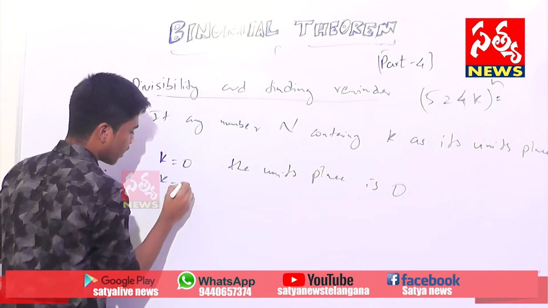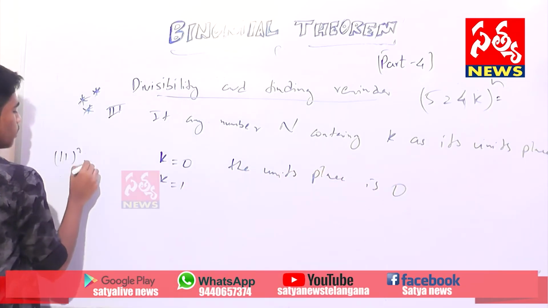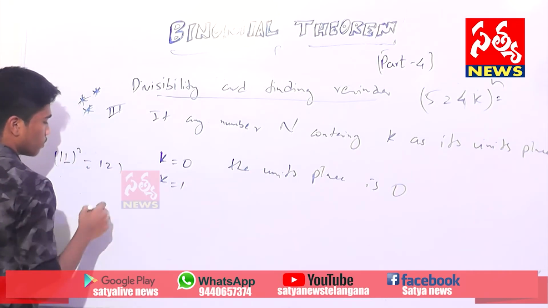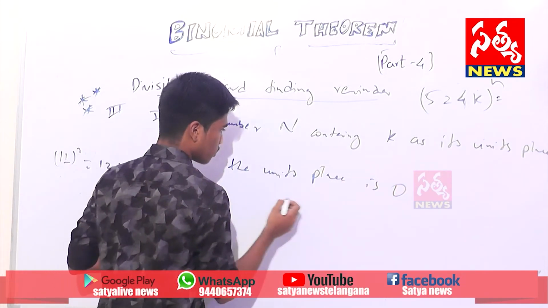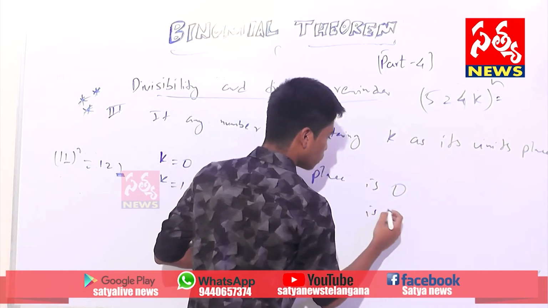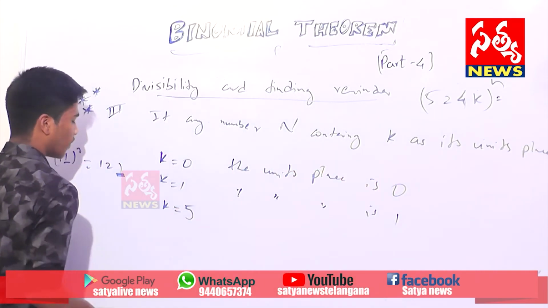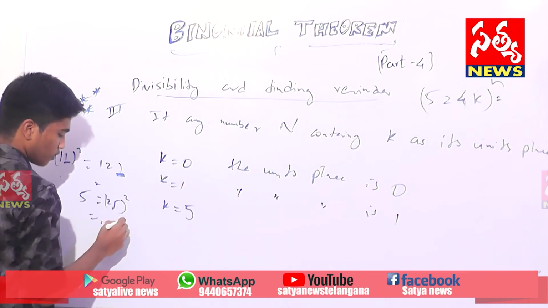And if k is equal to 1, take 11. The units place is 1, right? 11 square is 121. Again we are getting 1 in the units place. Same like that, 5. 5 square is 25. 25 square is 625.